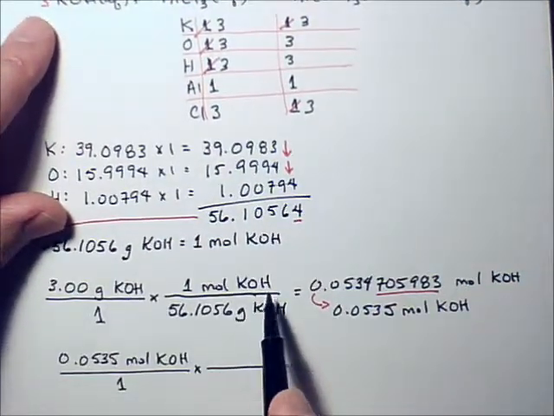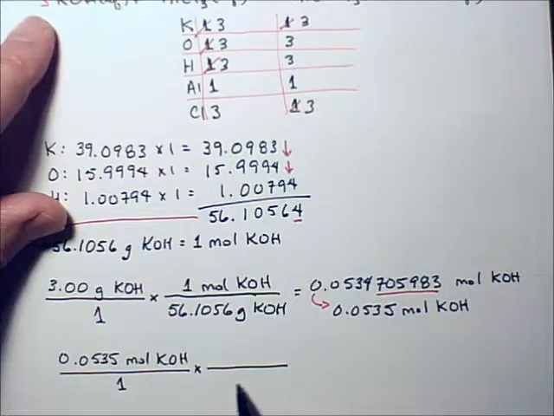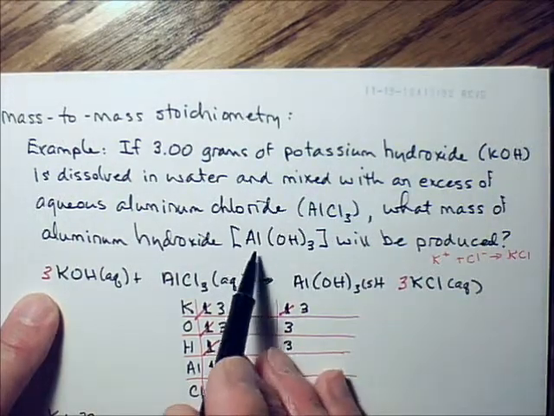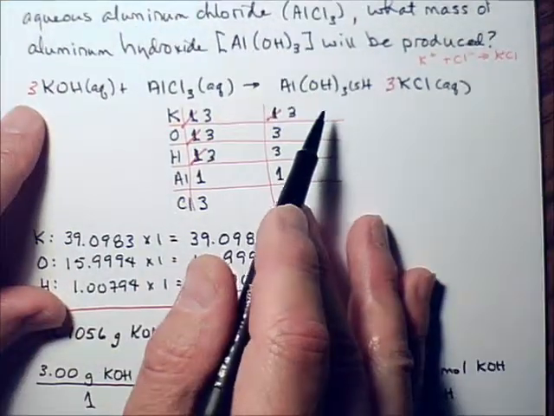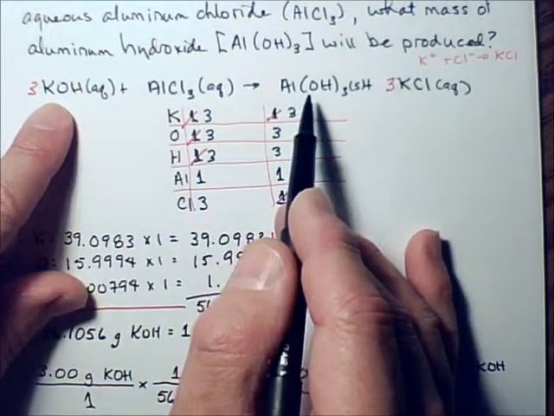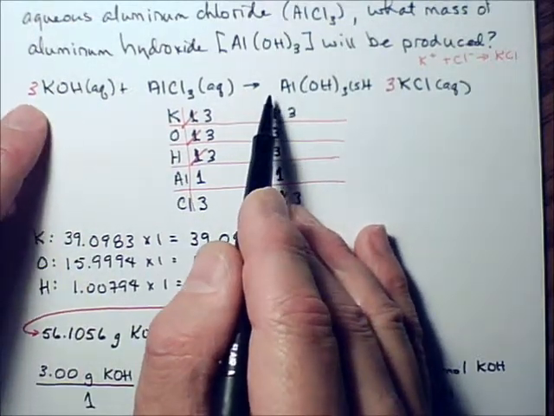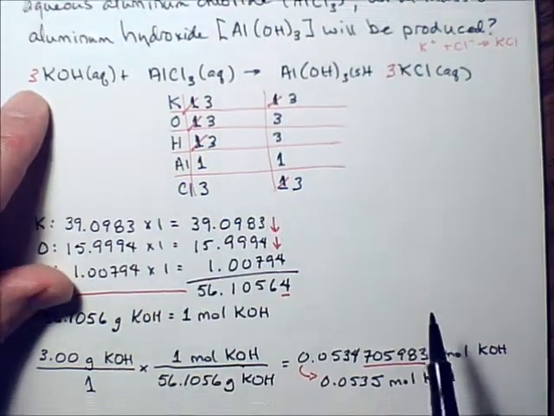This is molar mass conversions. This is the molar ratio down here. So we want to get from KOH to aluminum hydroxide. The 2 different species. KOH here, aluminum hydroxide here. The only way to get there is using the coefficients in a balanced equation for a molar ratio.